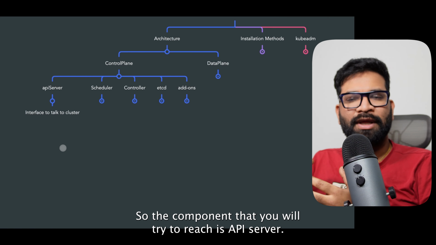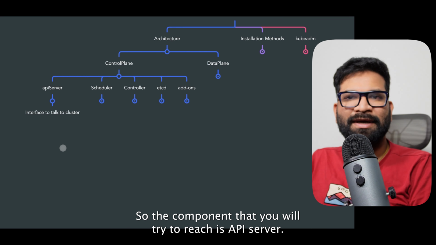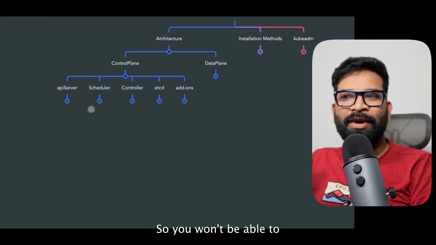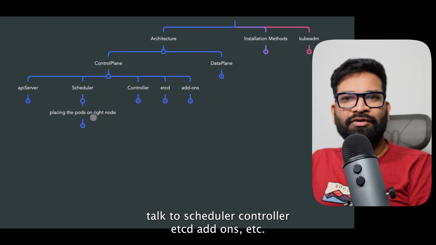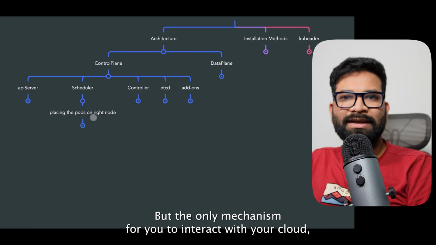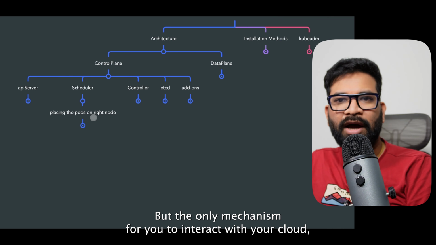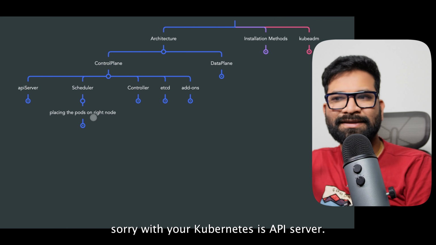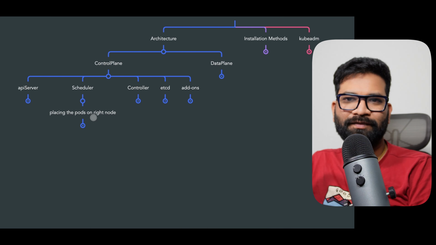So the component that you will try to reach is the API server. You won't be able to talk to the scheduler, controller, etcd, add-ons, etc. directly, but the only mechanism for you to interact with your Kubernetes is the API server.